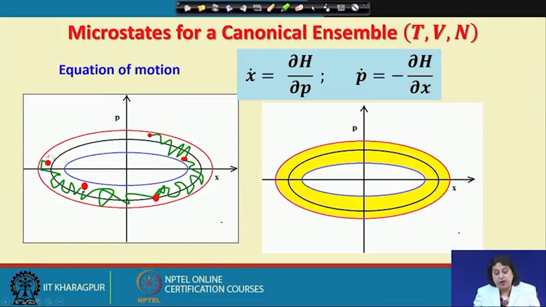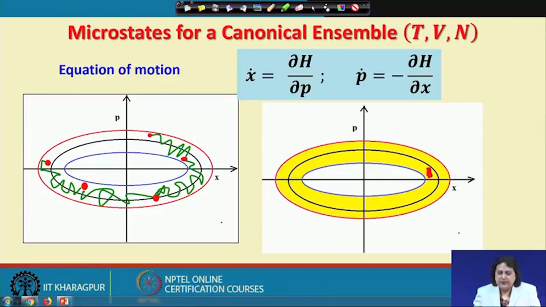If I wait for a long time, my trajectory will be sampling each and every point in this region highlighted by the yellow color. And therefore, if I try to see how the system moves here, I will see that it moves like a cloud of points with time in this yellow region.